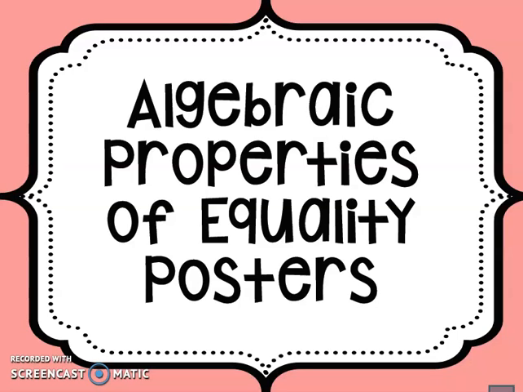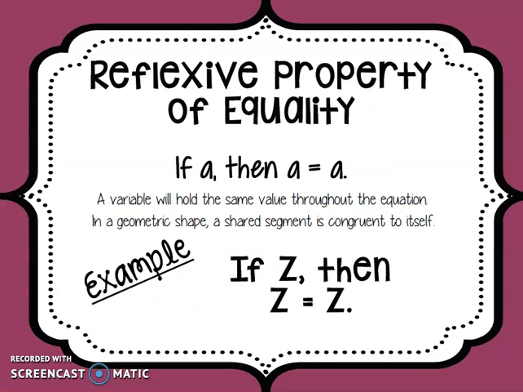If you want to put the example, if you want to write the definition, whatever is helpful for you to know and be able to recognize the different algebraic properties. And you might need to pause the video as you're going through them so that you can get the information that you need. All right, first one, reflexive property.